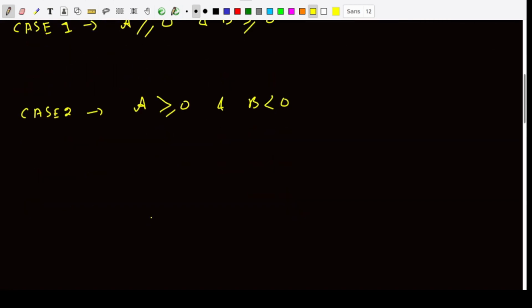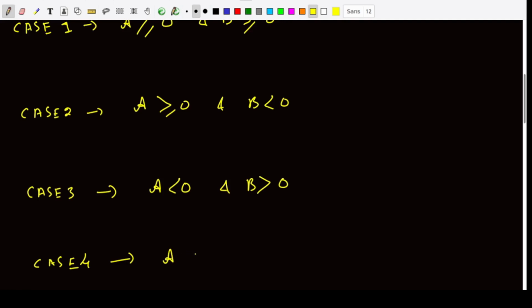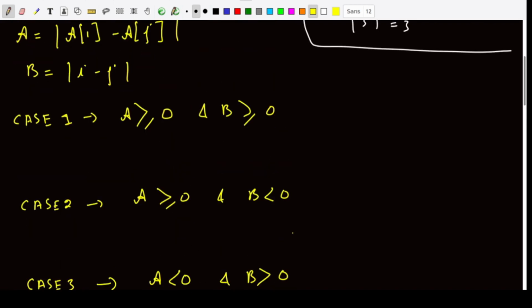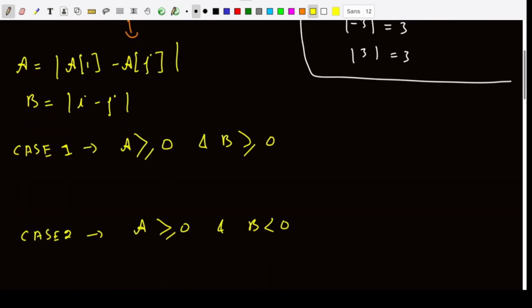Case 3 is a is less than 0 and b is greater than 0. And the final case is case 4, a is less than 0 and b is also less than 0. These are the only 4 cases which are possible for this expression.